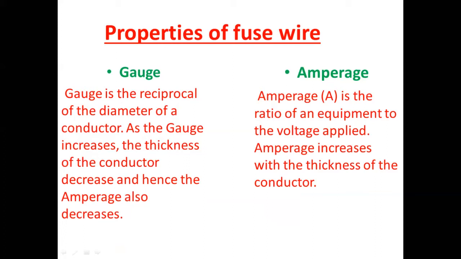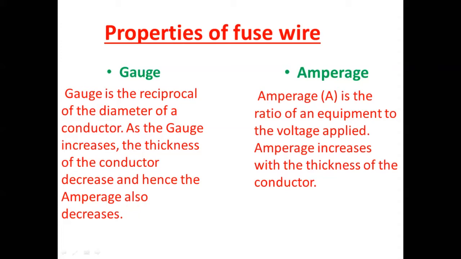So amperage is the main property of a fuse wire, and based on the amperage, the fuse wire works. So we must look at the amperage of the fuse wire when we use it in household wiring.